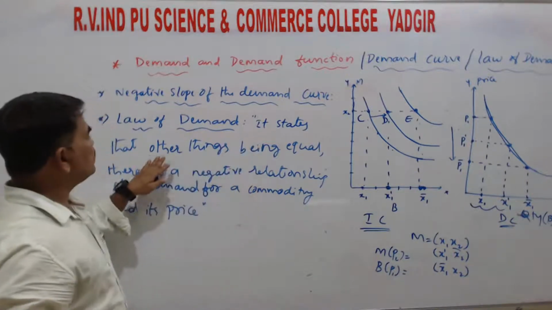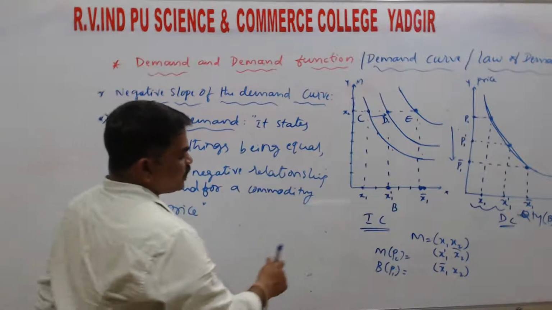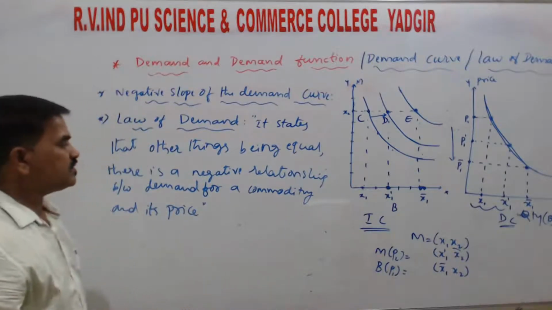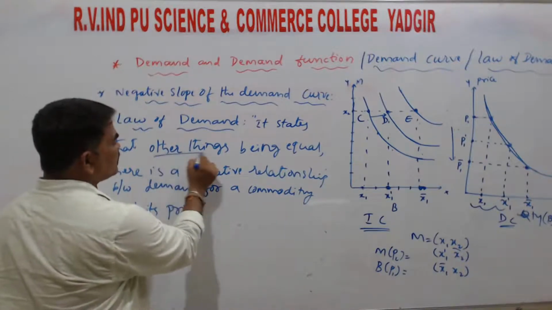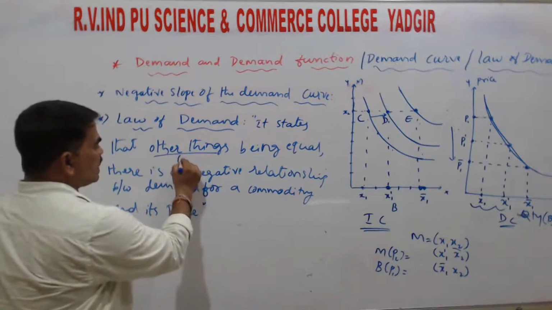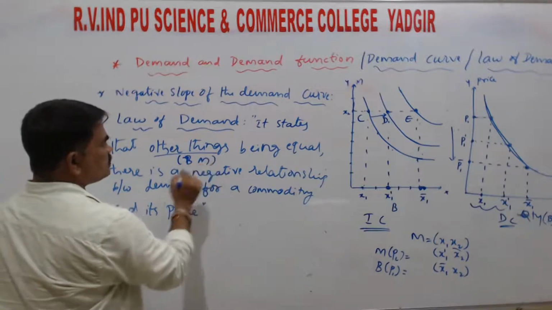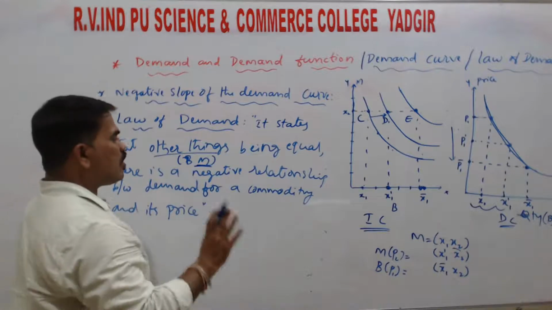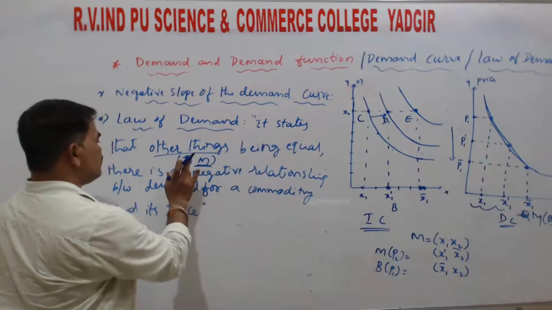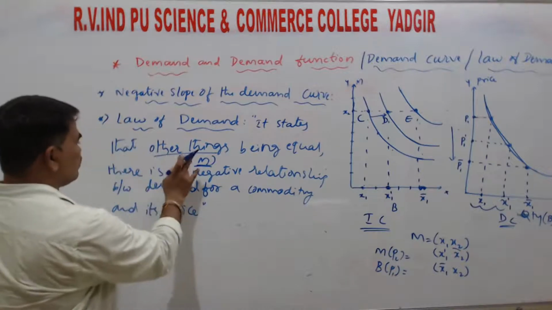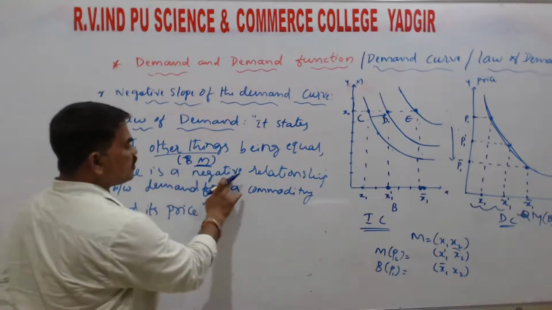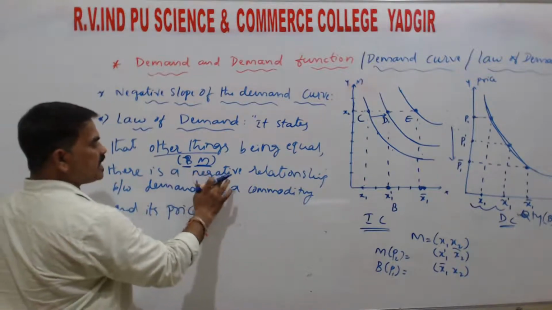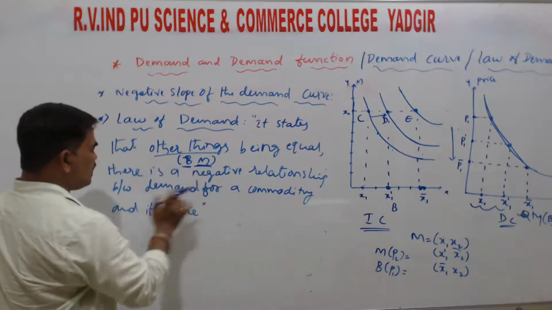It states that other things being equal, as I said, the income, the price of the mango, taste and preferences. Other things means we have two goods, right? Banana and mango. So the other good and his income, his taste and preferences, all those other things being equal, if only one good is considered, there is a negative relationship between demand for this commodity and its price.